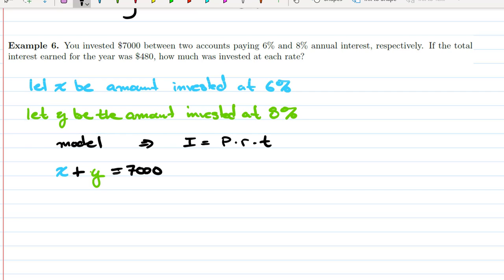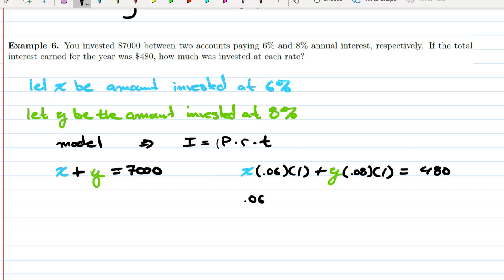Then we can use this equation because the next thing tells us about the interest. So the amount of interest is the amount in the account, the principal times the rate times the time. So the amount in the interest from the 6% account is going to be the amount invested at 6% times the interest rate, which is 0.06, times time, which is 1, plus the amount invested at 8%, which is y, times the interest rate, which is 0.08, times the time, which is 1 year, has to equal the total interest for the year.